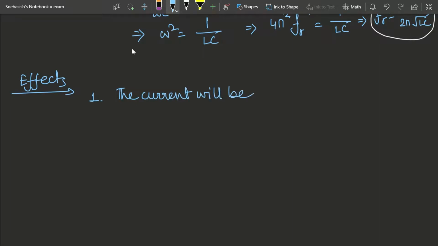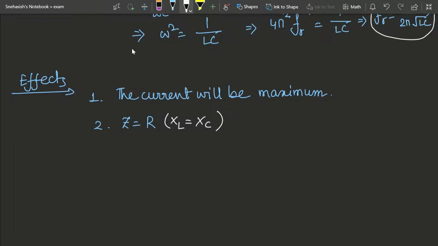Okay, and what next? As we saw just now, Z equals R, that is the impedance equals the resistance, and that is for XL equals XC.